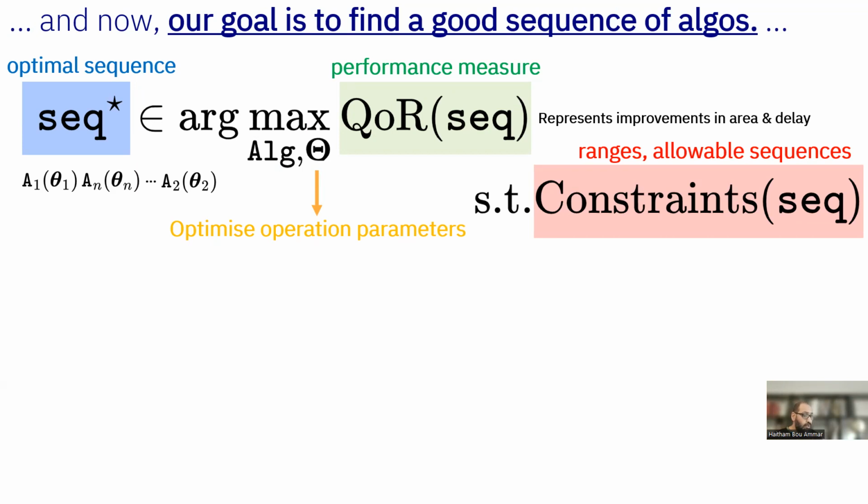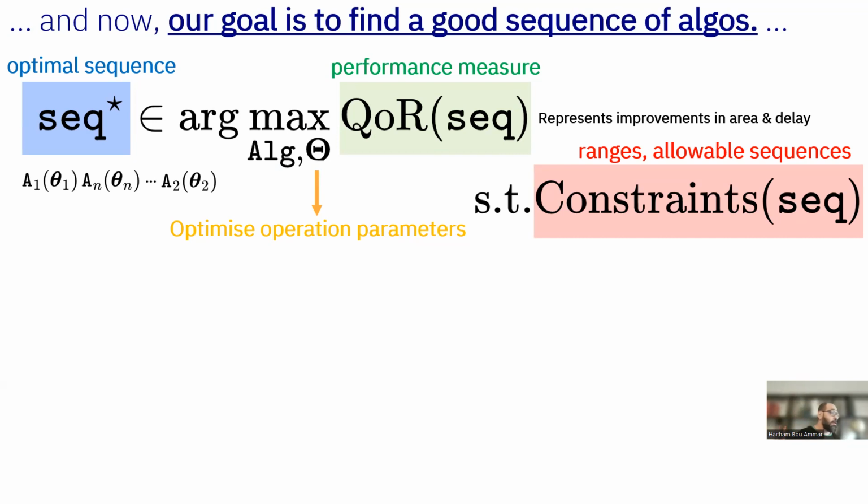Of course, our goal is to pick the right sequence of operators and their corresponding hyperparameters, such that we achieve a very small area, because we have billion-sized circuits, and also don't have a high delay in signal propagation. And of course, we have a set of constraints as well on the allowable ranges and the sequences that we can execute.